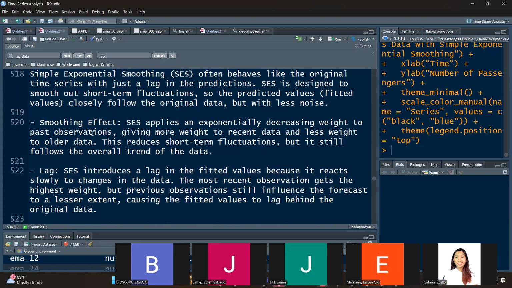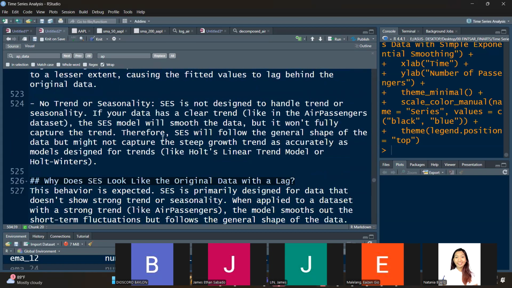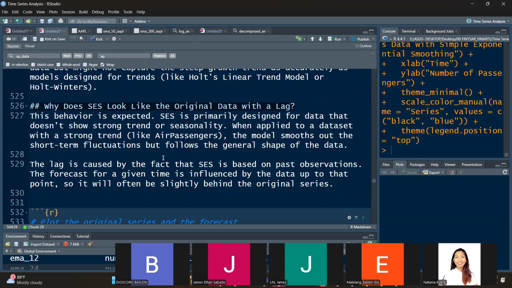So you have here your smoothing effect and your lag. Now I explained why your SES looks like the original data. That is expected because SES is designed to mimic your original data, especially if there's no strong trend or seasonality.